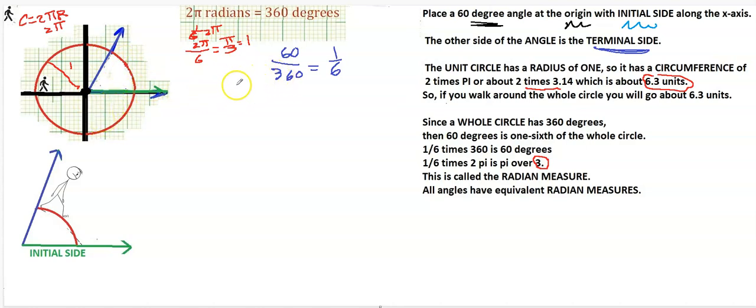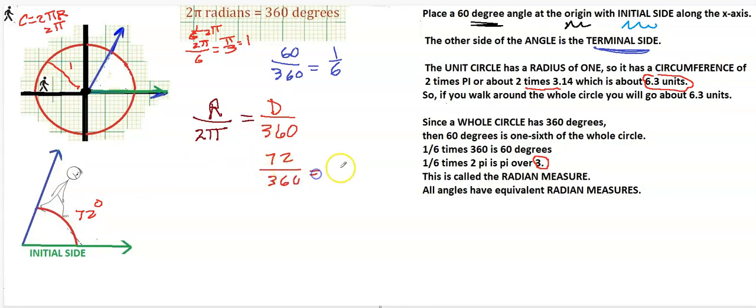Well, that's fine with a simple angle like 60. But what if I have an angle that's not 60? We're looking for the radian measure. Let's call it r. We'll compare it to the whole circle, and compare the degree measure to 360. So if I had a 72-degree angle, I compare 72 to 360, and I get 1/5. So what would that be for radians?